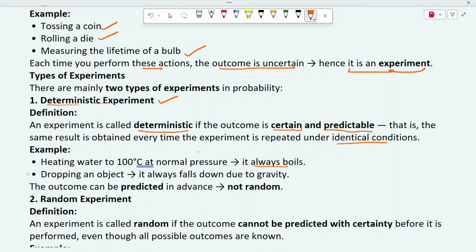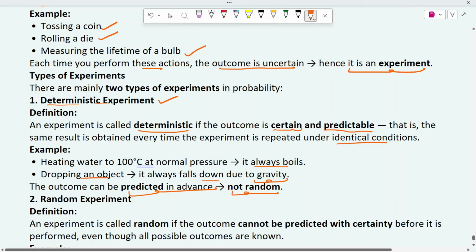The second example is if you drop an object, it will always fall down. Whatever the object may be, due to the gravity of the earth, it will always fall towards the earth. Here we are able to predict the outcome in advance. The outcome is not random, so that is why it is called deterministic experiment.